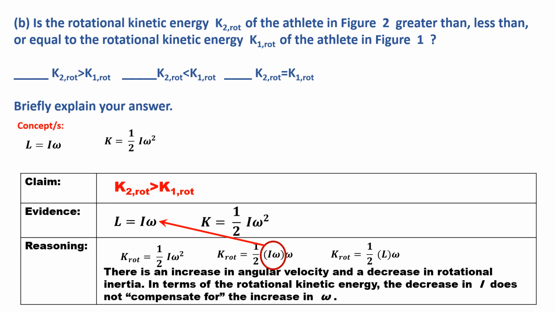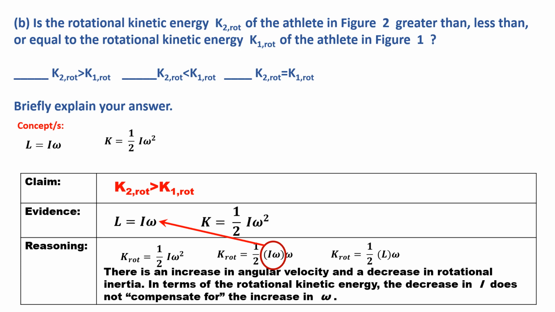The case here is that when the diver is curled up, you decrease the rotational inertia because you decrease the radius. And what happens with our omega? The omega will then increase.